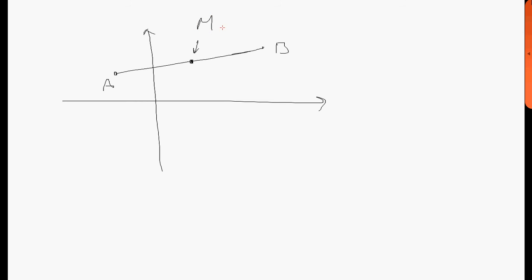Let's call it M. If you have the coordinates of A and B, for example this is x1, y1, and this is x2, y2, then the formula for the midpoint is (x1 plus x2) over 2 and (y1 plus y2) over 2. So in order to get the midpoint, you just need to find the average of the x coordinates of A and B and the average of the y coordinates of A and B.